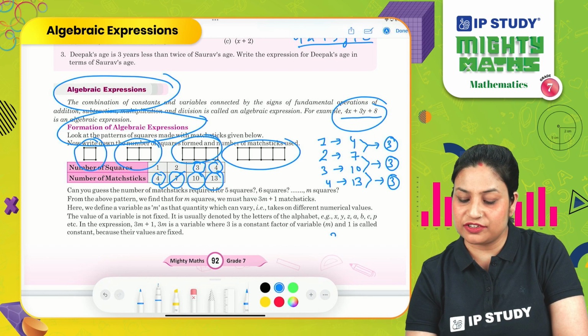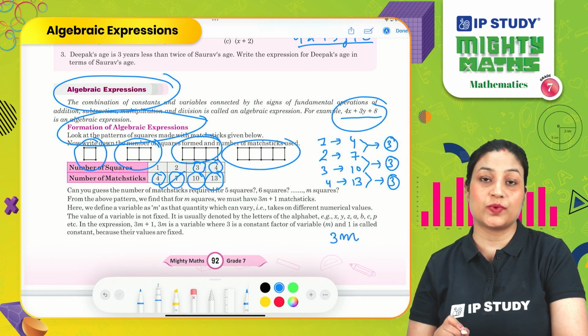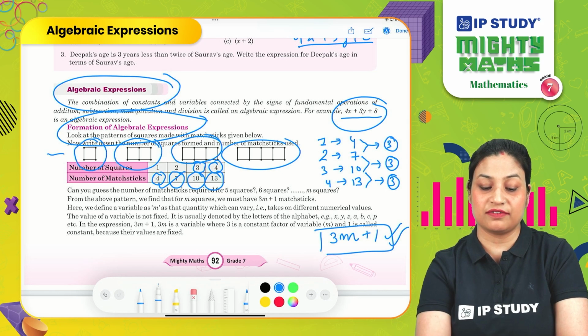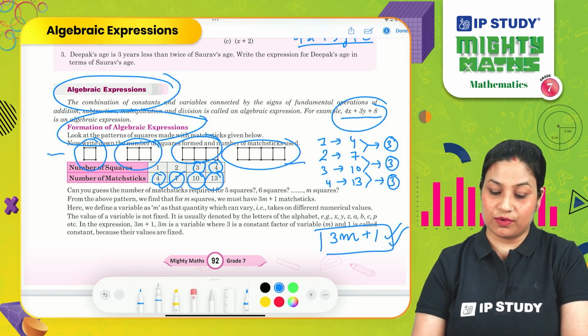So if I write 3 and use m to represent the number of squares I am making over here and add 1, do you think this expression is correct for this pattern that we are making with the matchsticks? Let's quickly check.